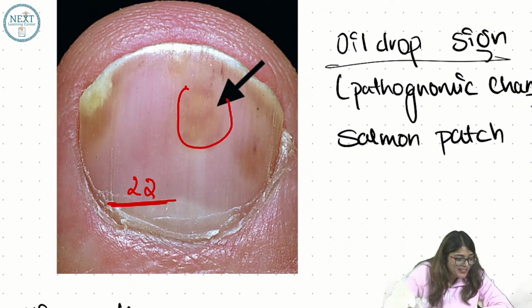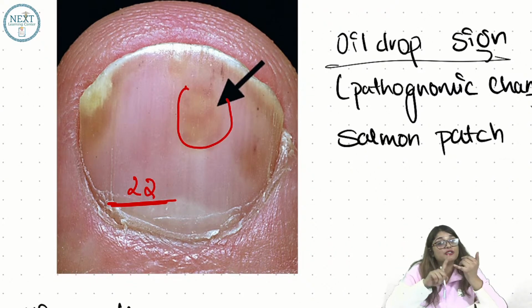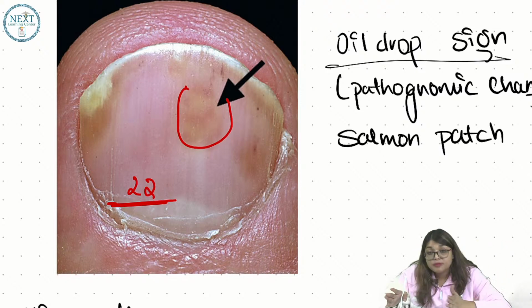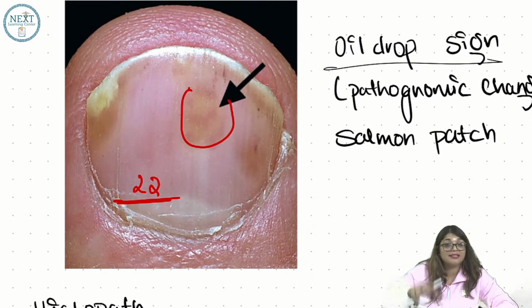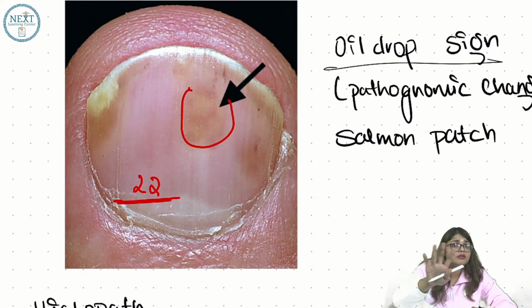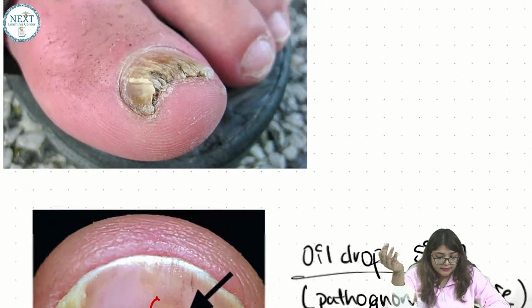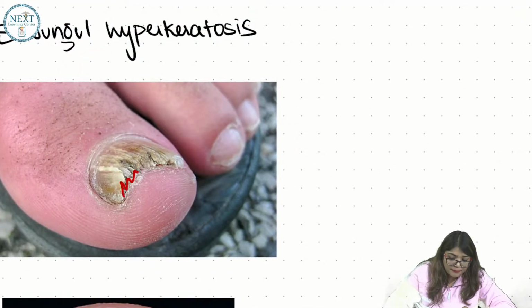So this is your oil drop sign. What is the most common change? Pits. What is the most pathognomonic change? It is the oil drop sign. Now oil drop cataract is also seen. Where is oil drop cataract seen? Let's integrate. And this is your subungual hyperkeratosis.